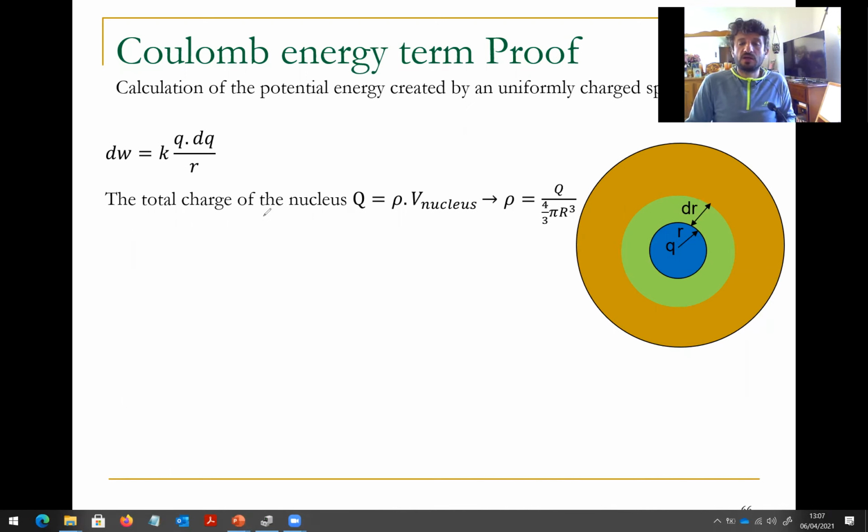Now I want to calculate q and dq first of all.